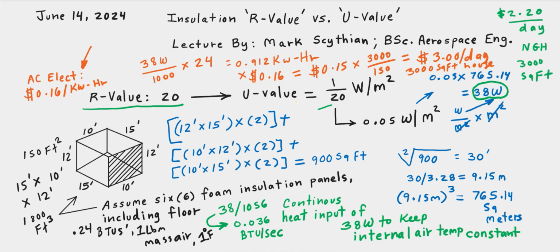So then we can conclude that at a pretty good insulation, we'll just call that 20 or higher, everything becomes relative thereafter.